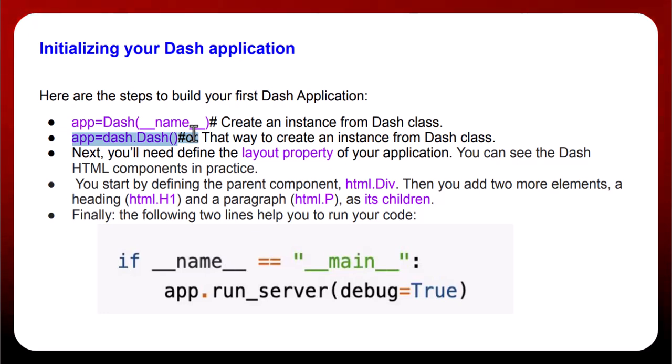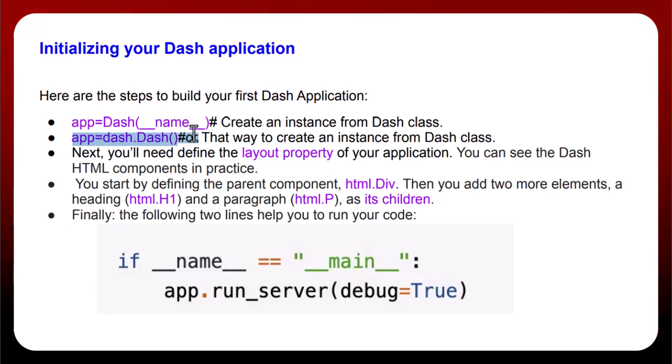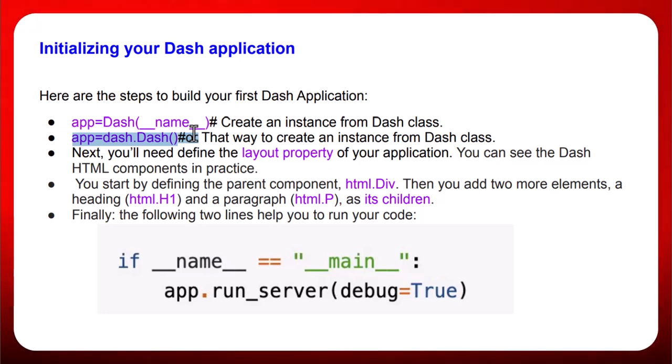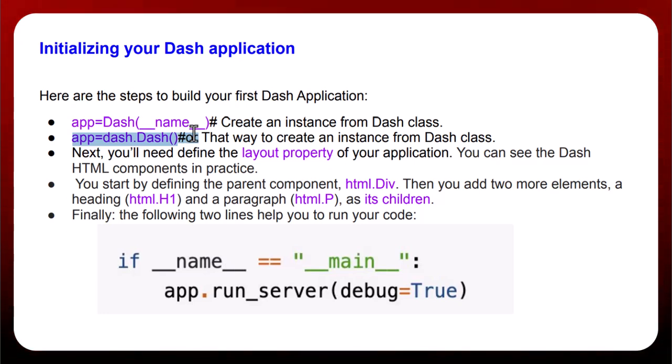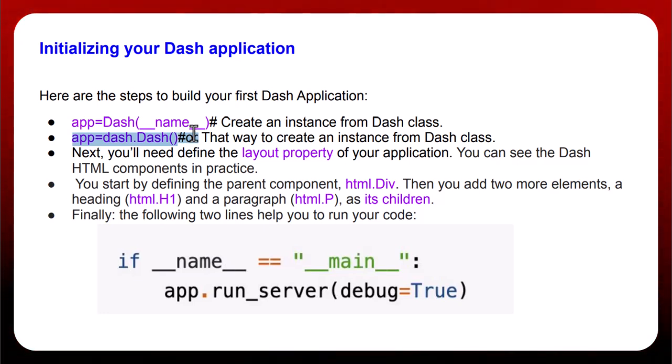Next step, you need to define the layout property of your application. You can see the Dash HTML Components in practice. For example, let's say that you want to make a heading. Heading is an H1. There's also, like I said, H2, H3, and H4, depending on the level of your heading, because sometimes we have a large heading and then a smaller one, and so on. From the HTML class, for example, we need to make a section.